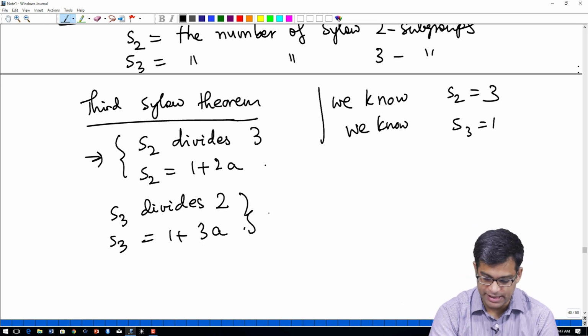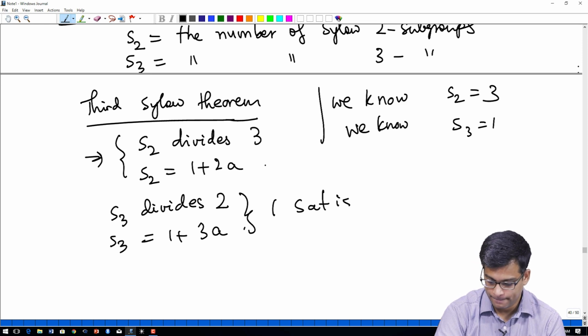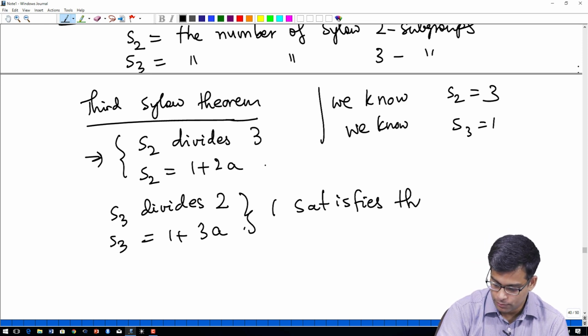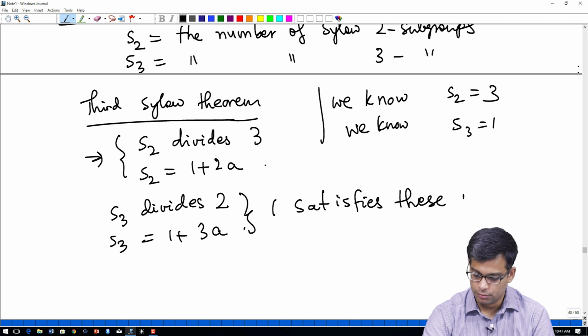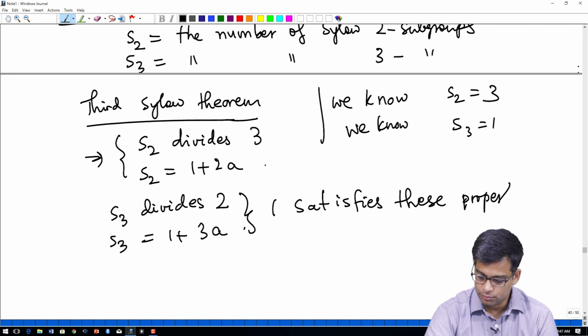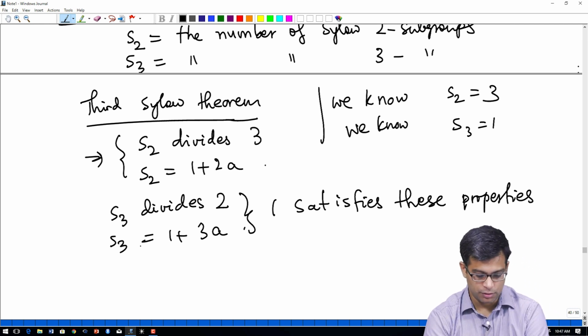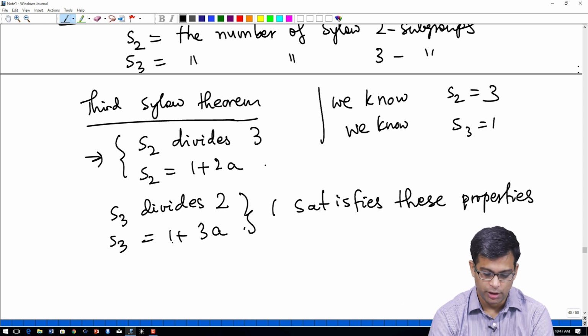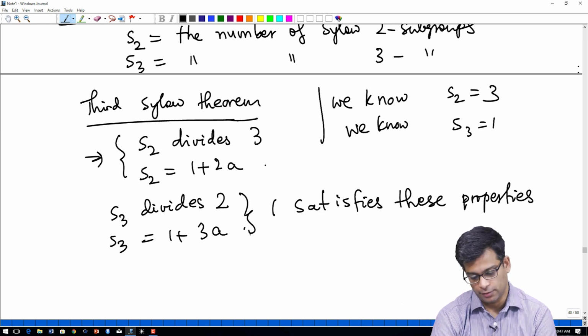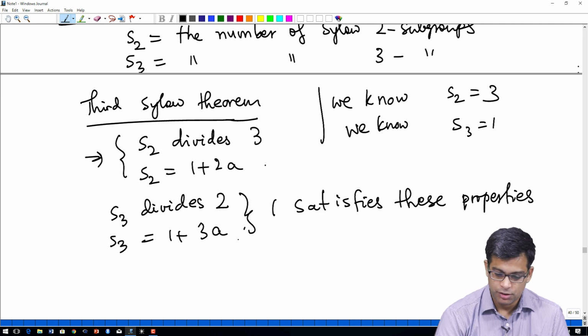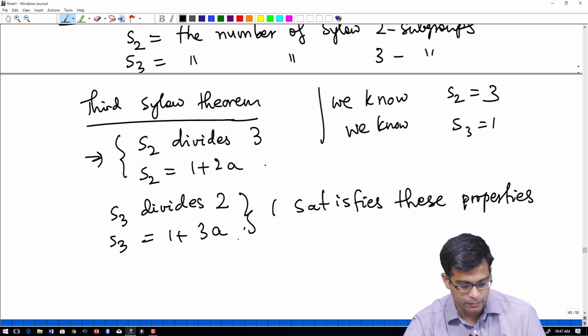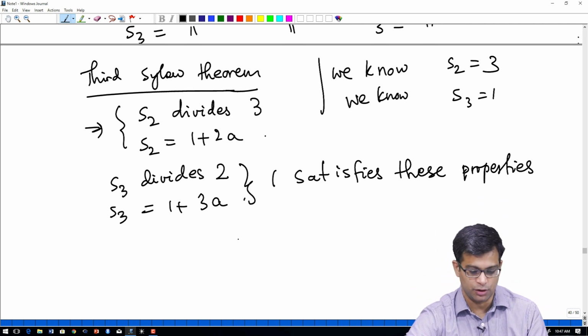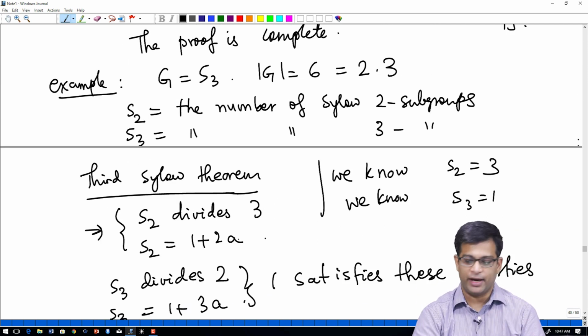So, 1 satisfies this. Correct, because 1 divides 2 and 1 is of the form 1 plus 3a. Okay. So, this just confirms what the Sylow theorem says, but I want to stress one fact here.